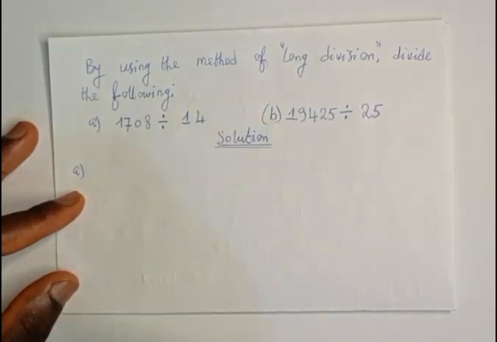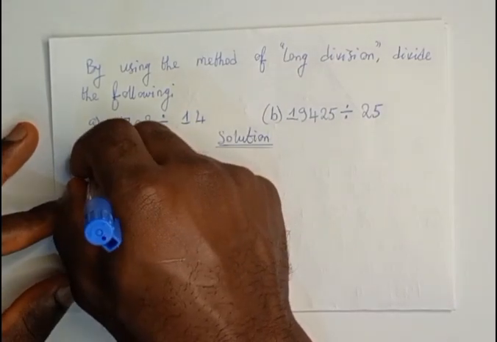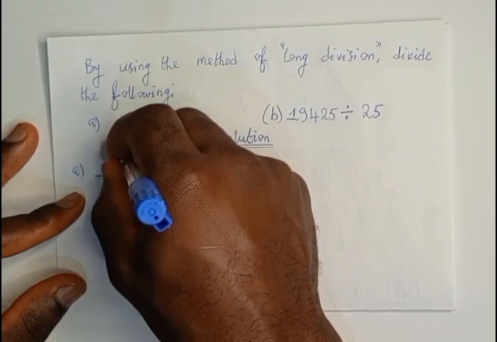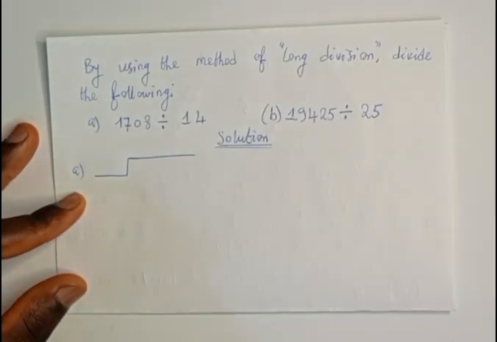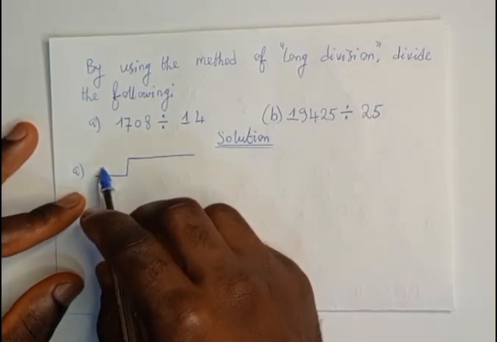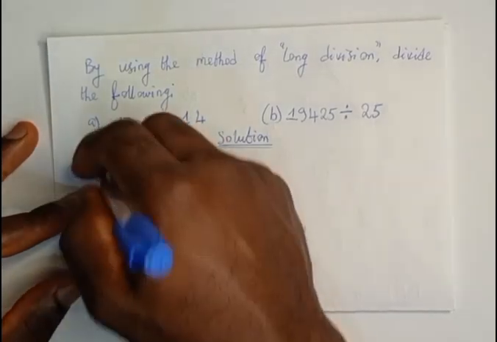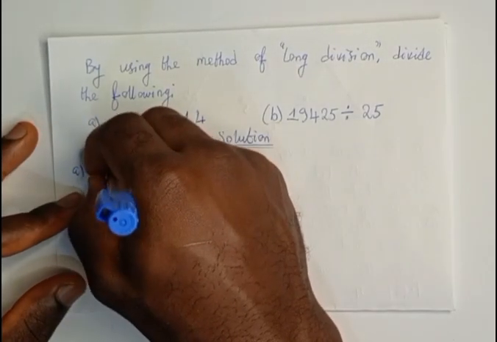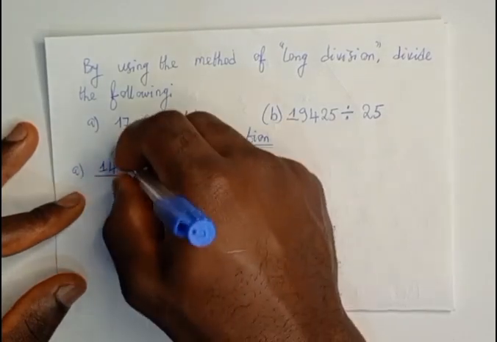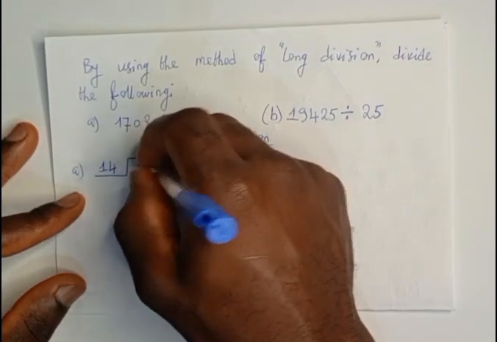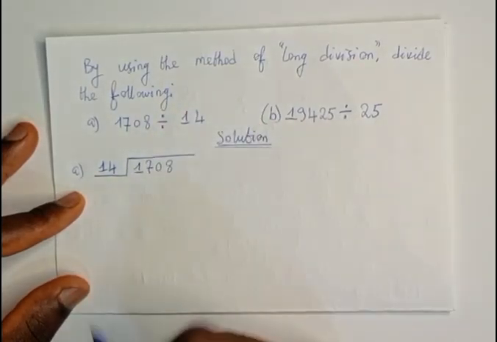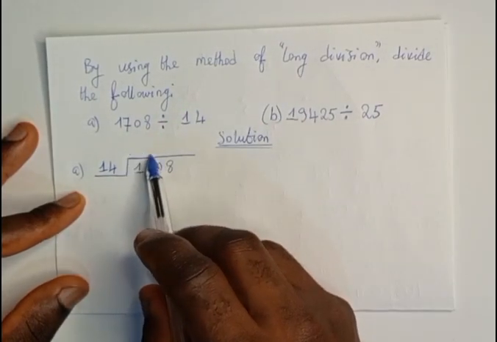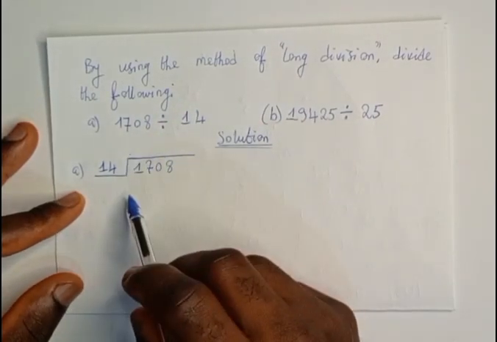By making use of the method of long division, we are going to start by drawing our division sign as such. Outside here, we are going to write the divisor, which is 14, and inside we are going to write the dividend, which is 1708, and above, this is where we are going to write the quotient.